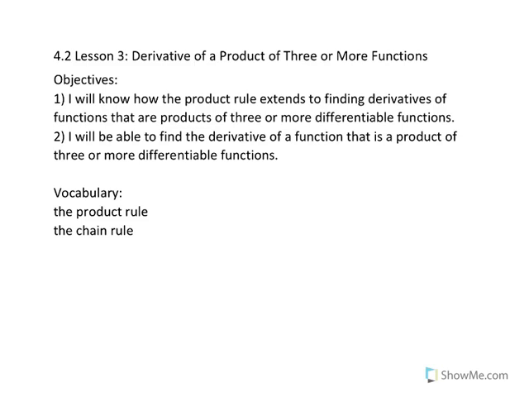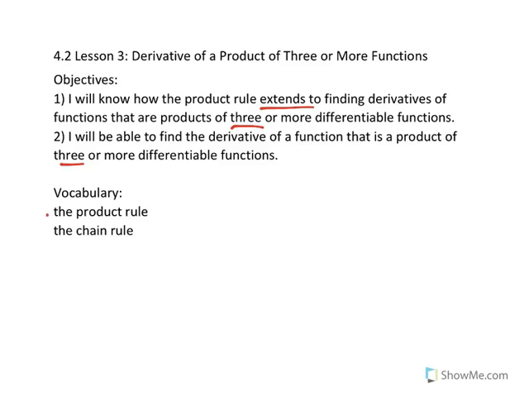So those are our objectives. You will know how the product rule extends to finding derivatives of functions that are products of three or more differentiable functions, and then you'll be able to find the derivative of a function that is a product of three or more differentiable functions.